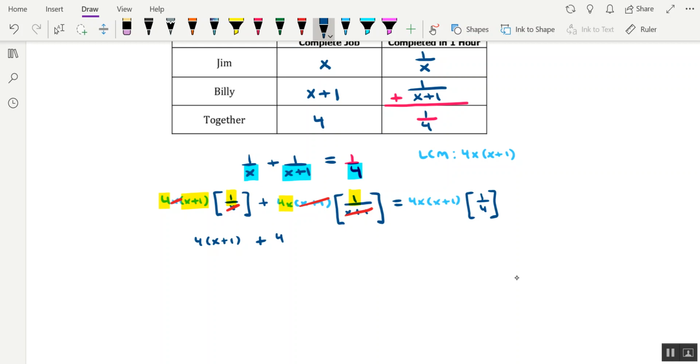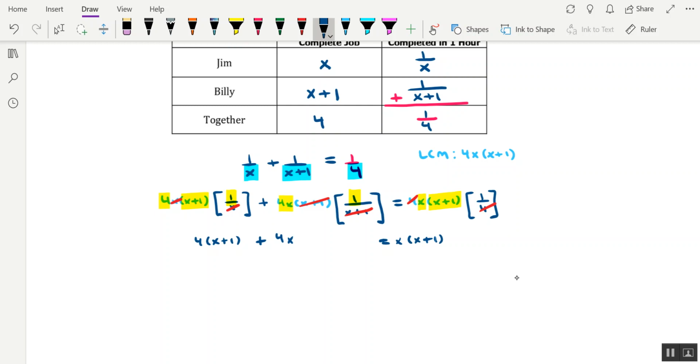Let's just write that as 4x equals, and on the right, the 4's cancel out. So what's going to be left over is x and the expression x plus 1. Let's write that as x quantity x plus 1.